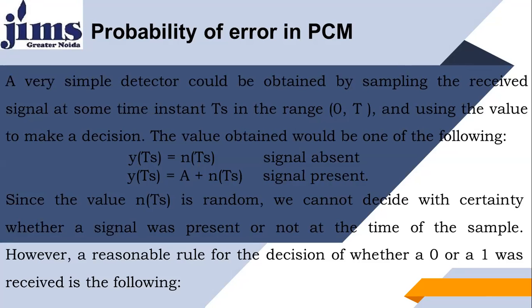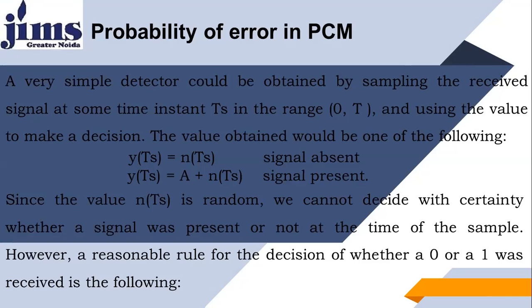It means that when 0 was transmitted from the transmitter, your y(ts) ideally is only n(ts), because the receiver senses only the noise content, right? And this n(ts) should be below the threshold, so the receiver reads it as 0, because in this case signal is absent.